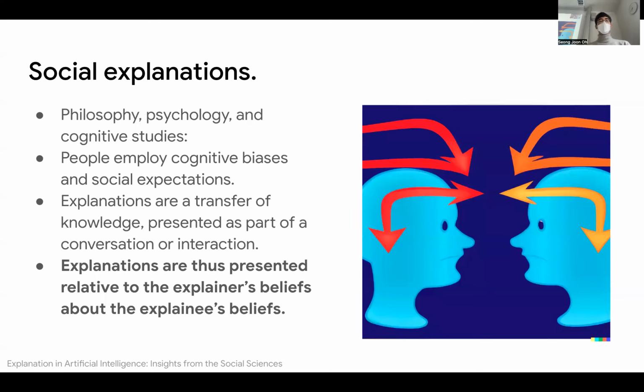And now social explanations. There are a lot of studies from philosophy, psychology, and cognitive studies saying we are not just explaining the same thing to everyone, but we are changing the way we explain based on who we are talking to. Because eventually explanations are about transfer of knowledge rather than stating something that is just an objective fact, but something subjective.